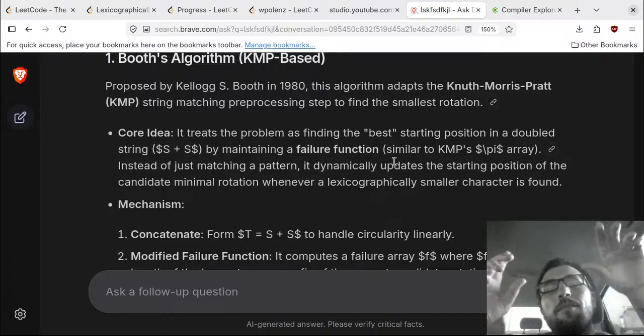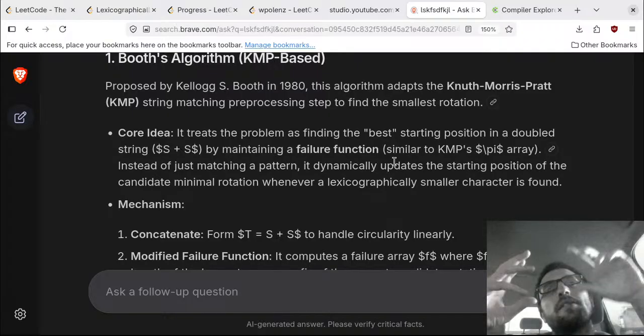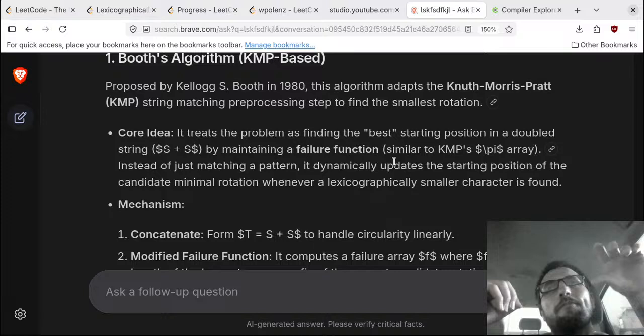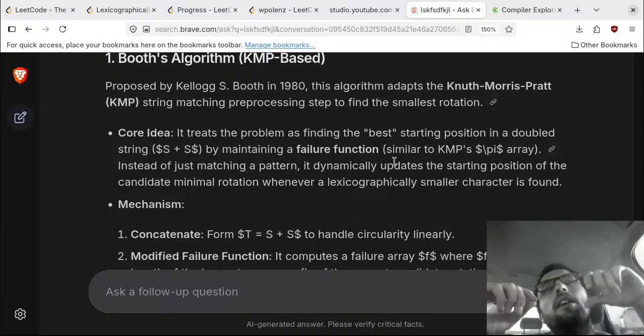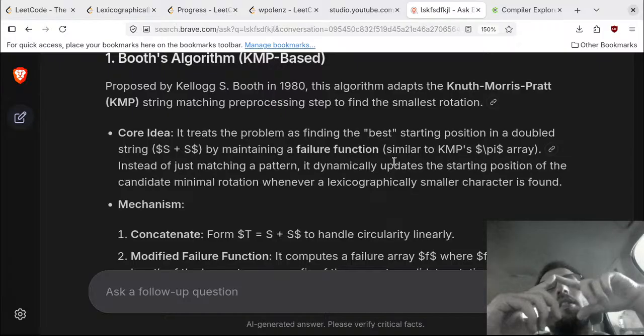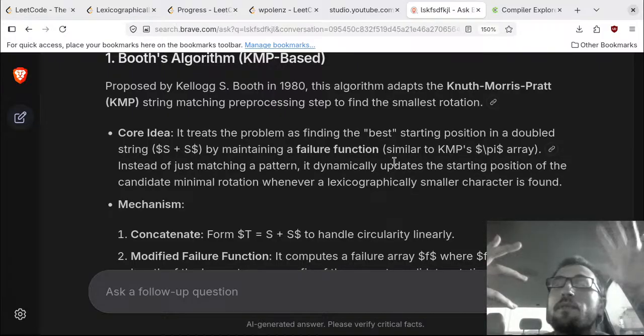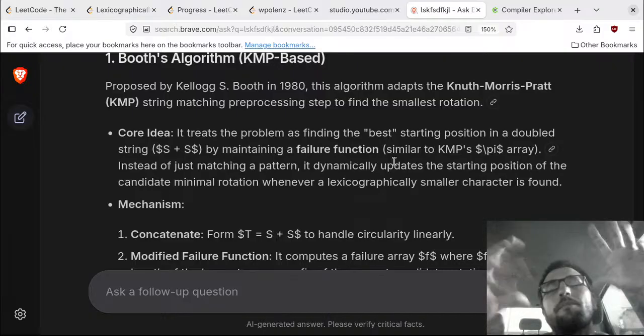The way KMP does it is actually kind of simple. The basic idea is you pre-process the string you're looking for, and then you use that pre-processed string to perform the same maneuver, almost exactly the same thing.